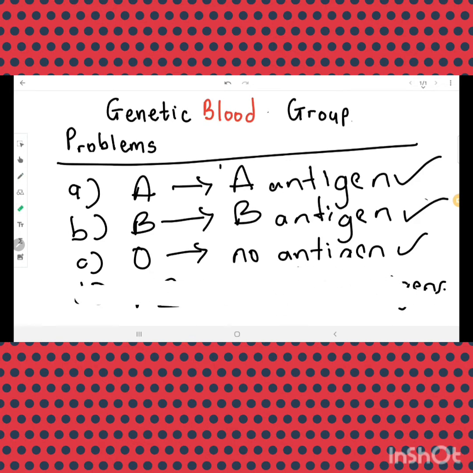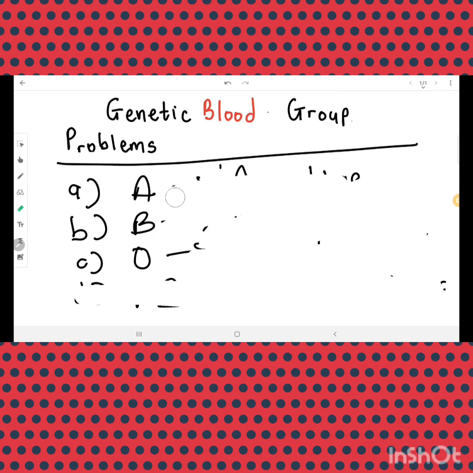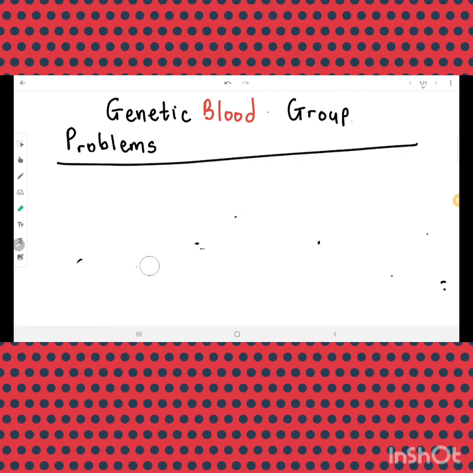With this being said, let's look at the differences between phenotypes and genotypes. If an individual belongs to blood group A, or blood group B, these are phenotypes.